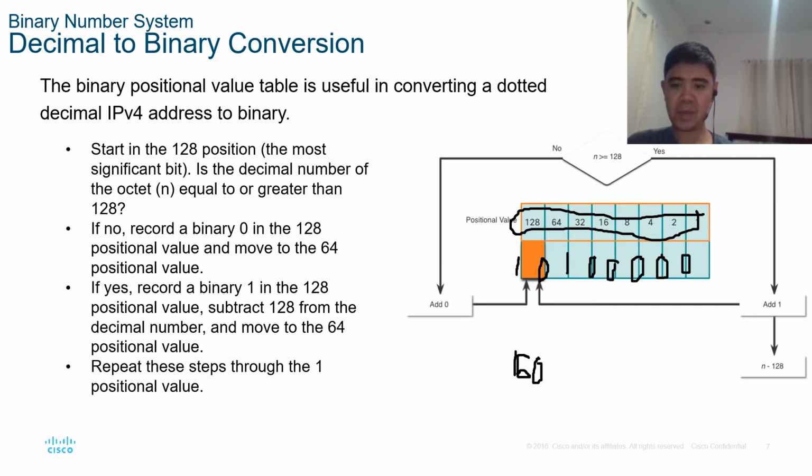In IP addressing, we're discussing this because of the IP addressing. Always have these positional values from 1 up until you reach 128.